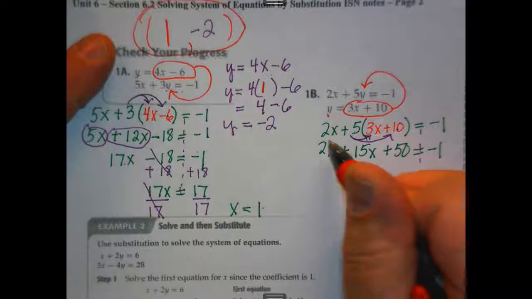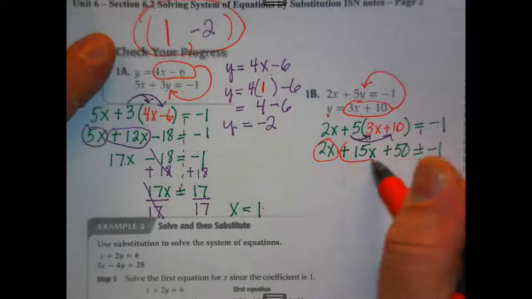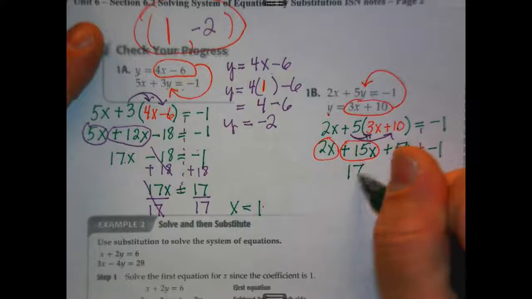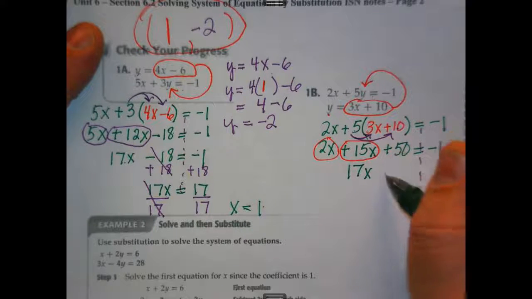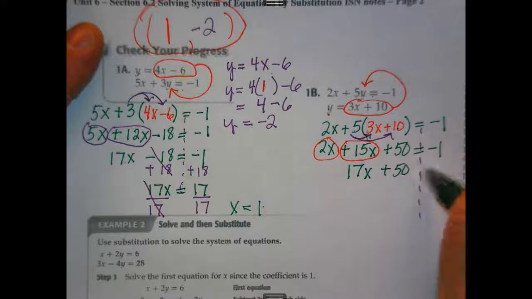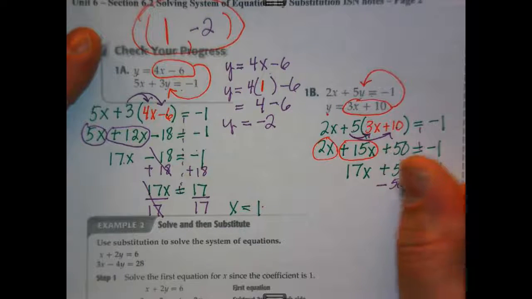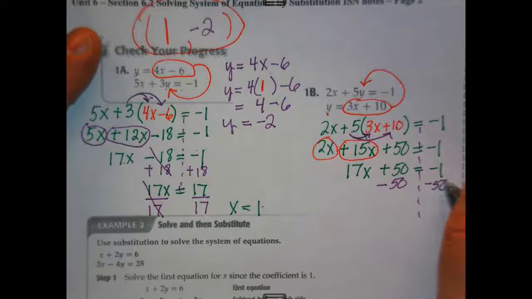Combine our like terms, 2x and 15x, 17x, bring down our plus 50 equals -1. Undo the plus 50, so I'm going to subtract 50 from both sides.